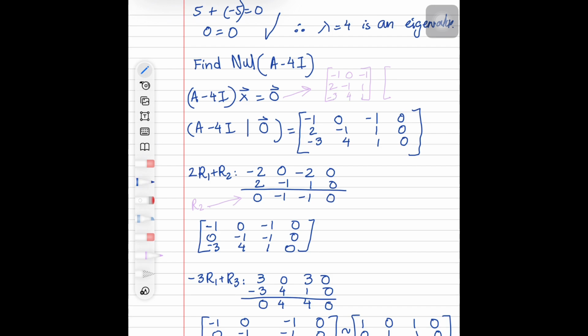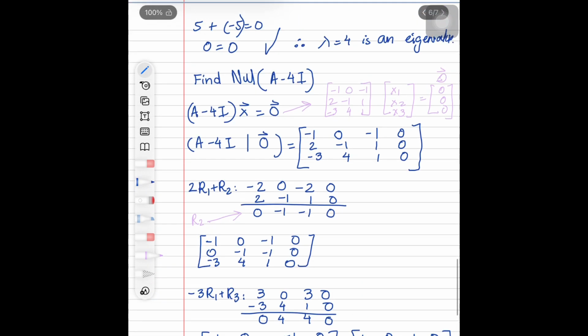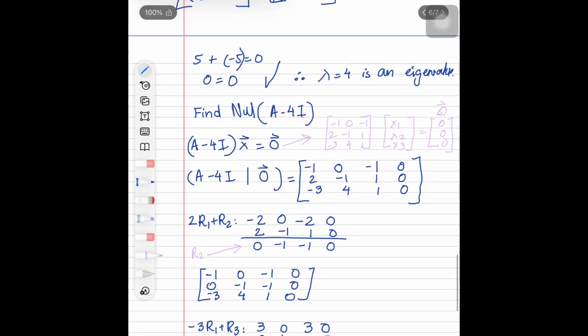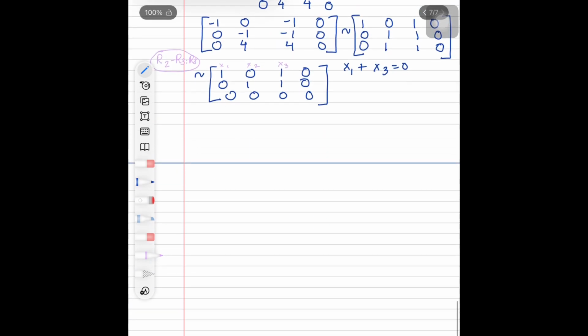And we see that there are 3 columns, so we have x1, x2, x3 equals the 0 vector, which is just a 0 vector. Hope this clarifies the whole situation. Sorry I missed that step.